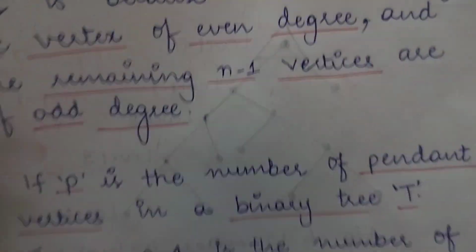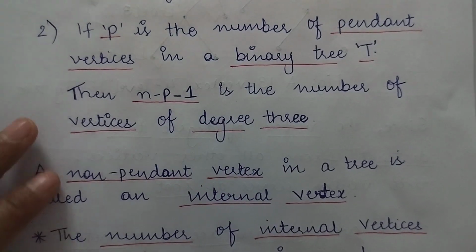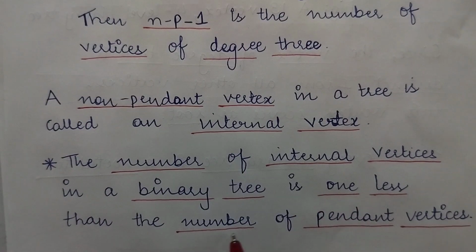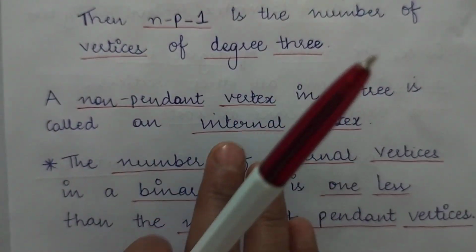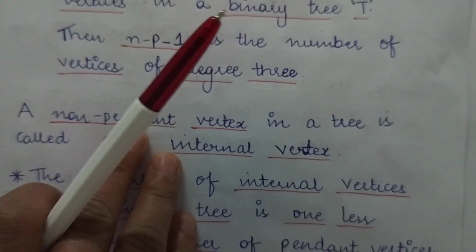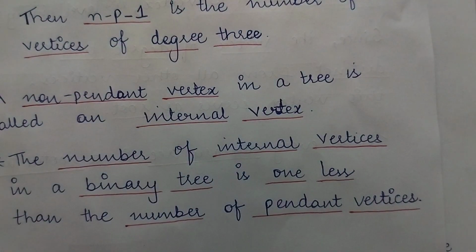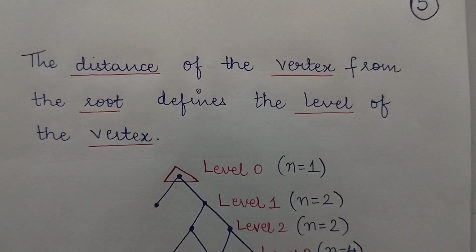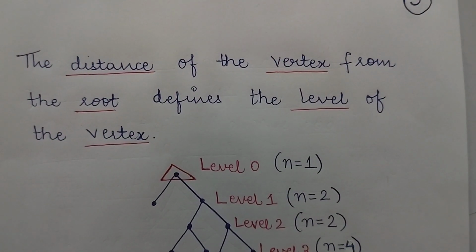So this is yet another property of a binary tree, that the number of internal vertices in a binary tree is always 1 less than the number of pendant vertices. Okay, so now the distance of the vertex from the root defines the level of the vertex.